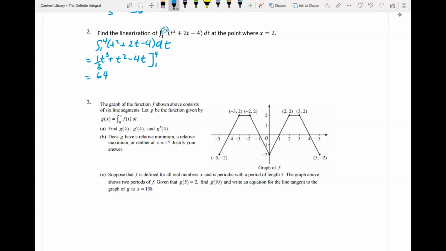So that's 64 over 3 once I insert the 4 into t. So it's 4 cubed is 64, plus 16 minus 16, subtracted by, now inserting 1 into t, 1 over 3, plus 1 minus 4. Simplify this, and eventually you should get 24 after all that simplification.